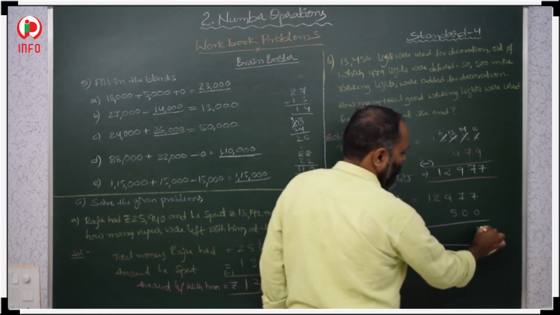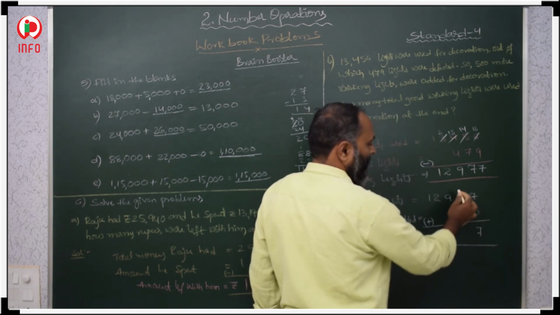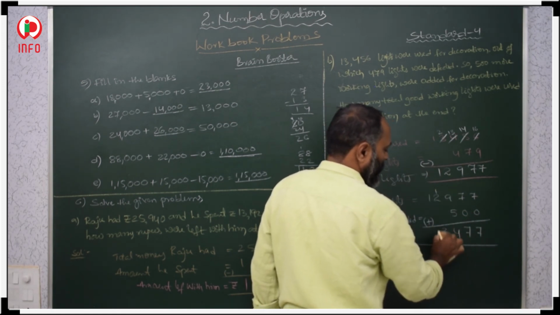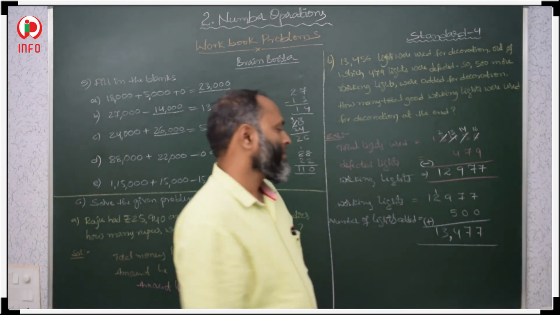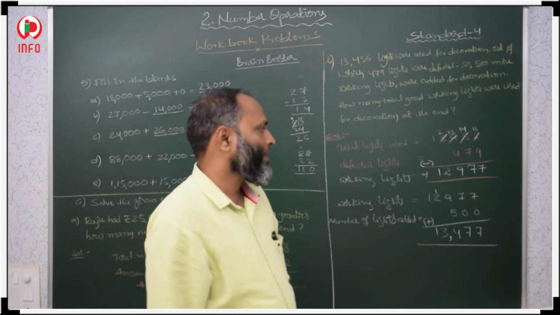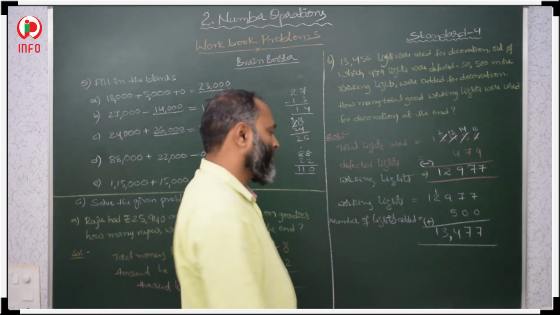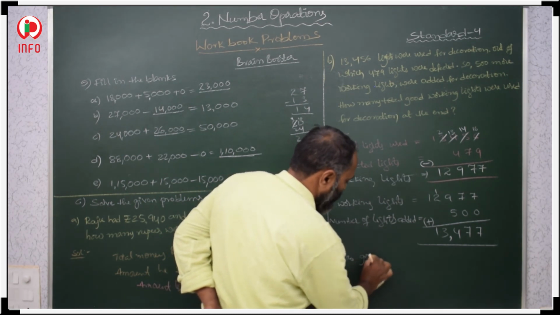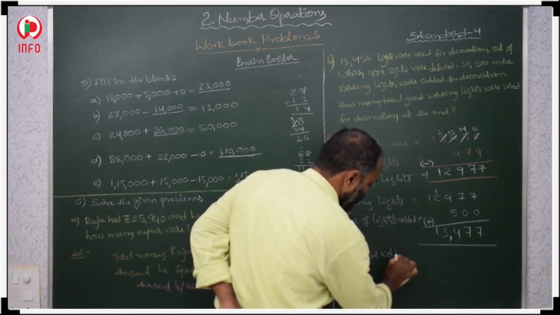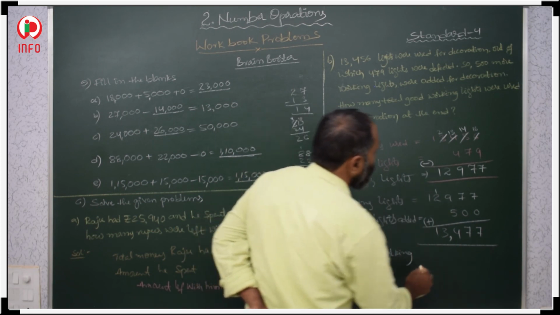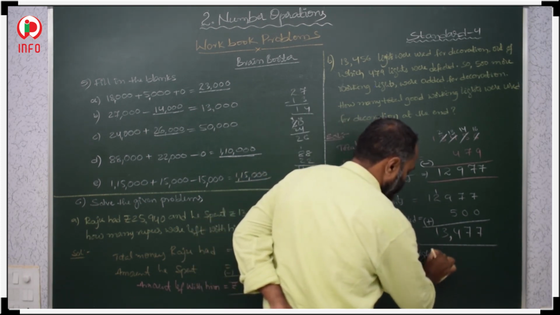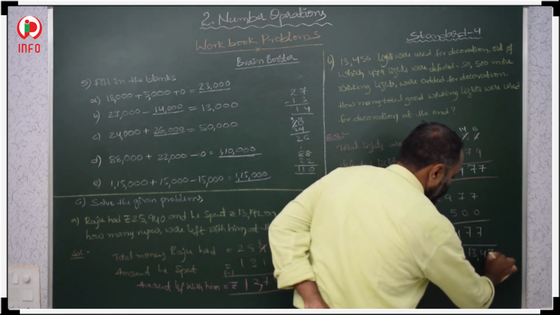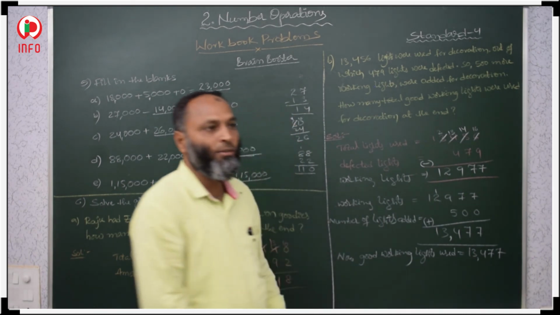Then we have to add 7, 9 plus 5, 14, 3, 1. 13,477. Now the good condition lights: good working lights used is equal to 13,477. This many good working lights were used.